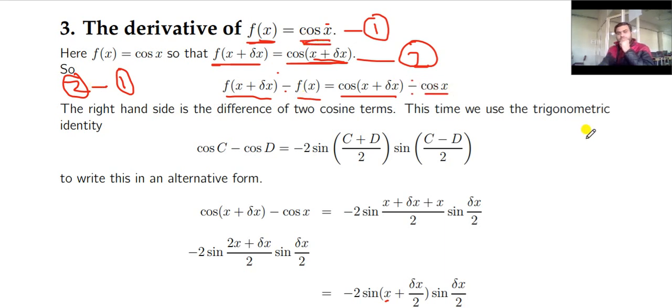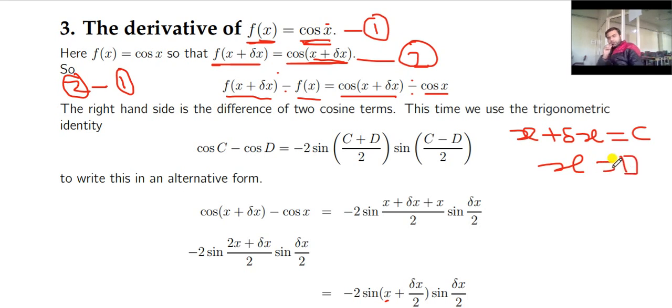So here also we assume that x plus del x is equal to c and x is equal to d, and the formula of cos c minus cos d is minus 2 sine c plus d by 2 into sine c minus d by 2. So here your c is this and d is this, so it becomes cos c minus cos d.